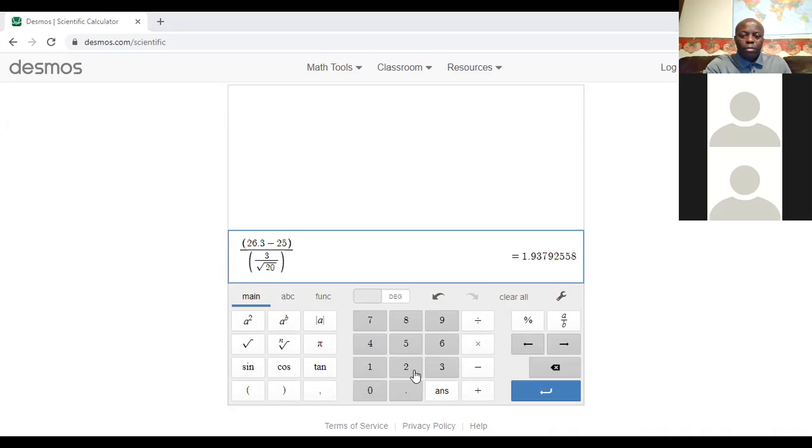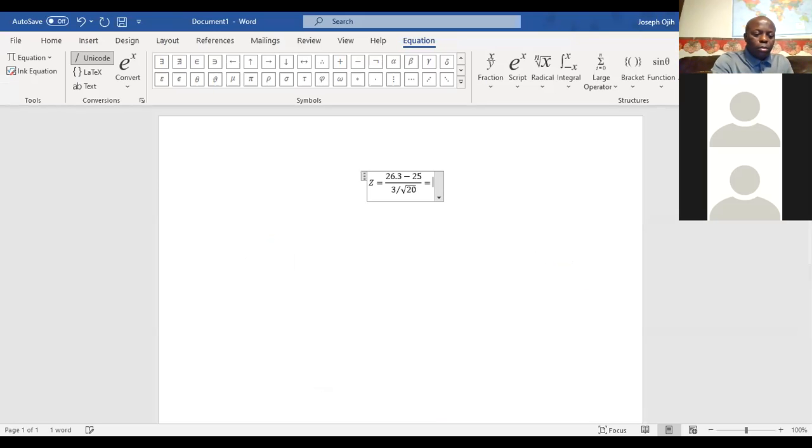So we have 1.94. In one minute, let me check something here. Looking for this approximation.